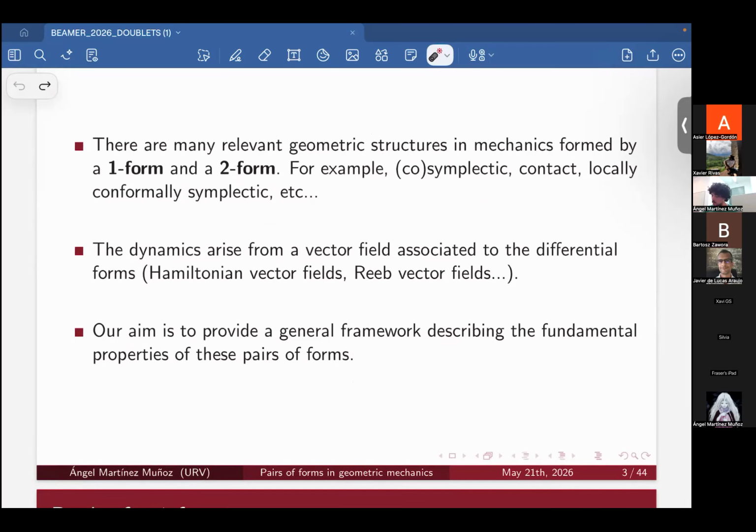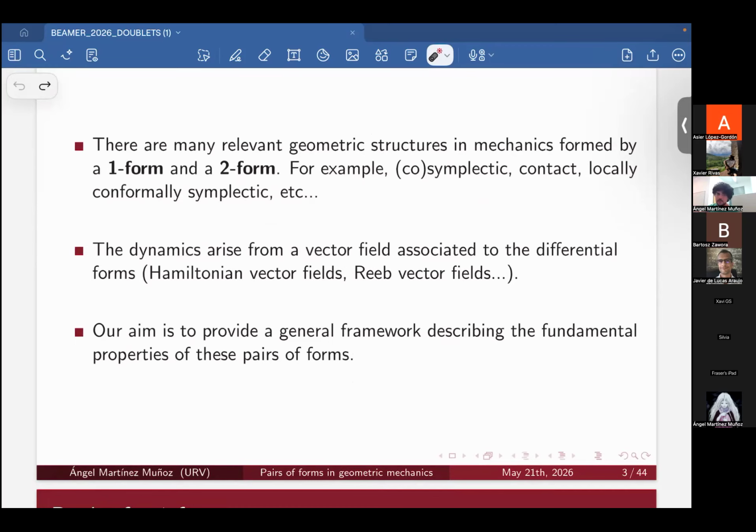Also, one of the, I think, most important things of this preprint was to associate dynamics to these pairs of forms. So, for example, when you're dealing with contact geometry, there's this very important vector field, which is the Reeb vector field, right?